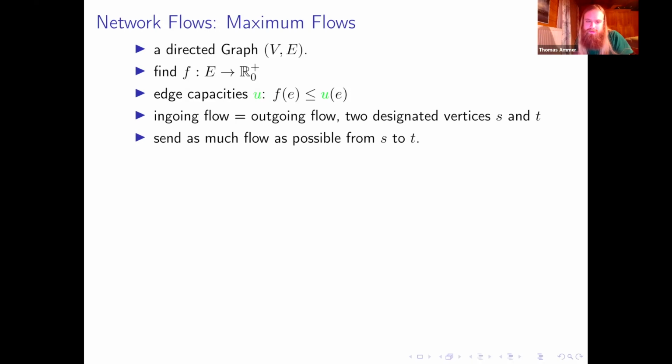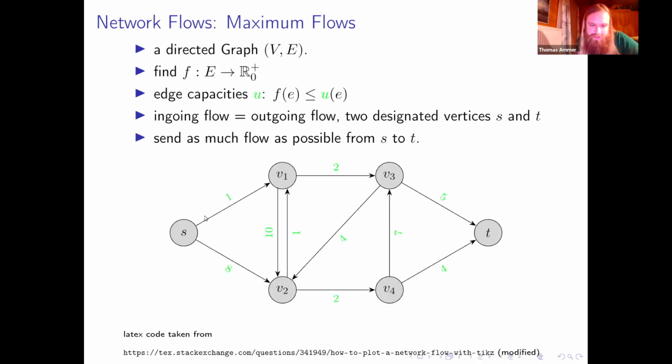equal the outgoing flow. And this would be an example for a flow network. So we have a source S, we have a target T, and we want to send as much flow as possible from the source S to the target T while respecting those capacity constraints. And that means, well, the flow that is assigned to an edge should not exceed the edge capacity.